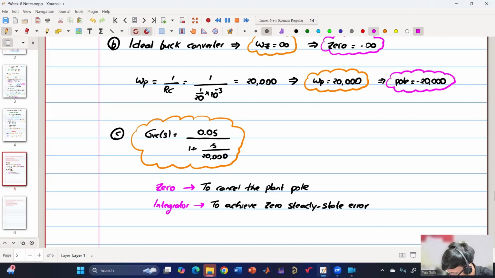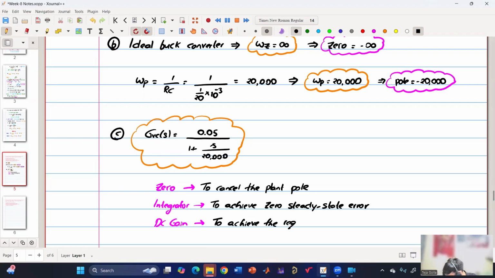Also, we'll be needing some DC gain so that we can set the gain crossover frequency to achieve the required gain crossover frequency. So based on the requirements, it will be a PI controller. We'll see how it becomes a PI controller.